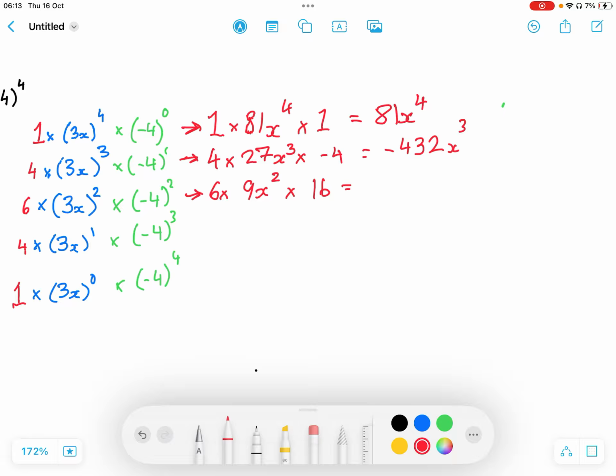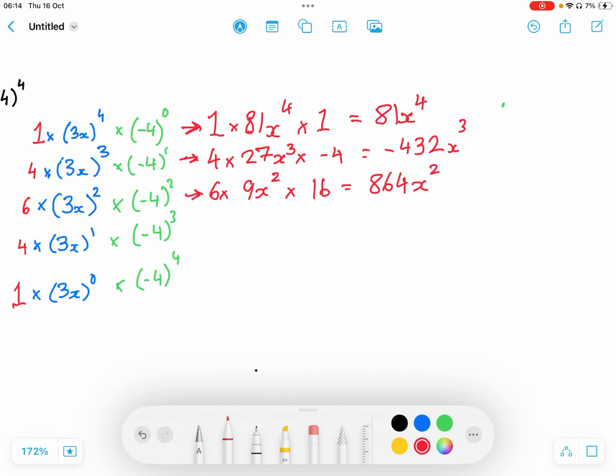Lots of ways of doing it. You could do column method, or you could just do 50 times 16 is 800. 4 times 16 is 64, so it's going to be 864x squared. Remembering that it's positive because that negative 4 squared came out as a positive 16.